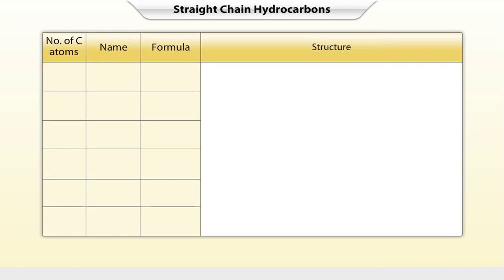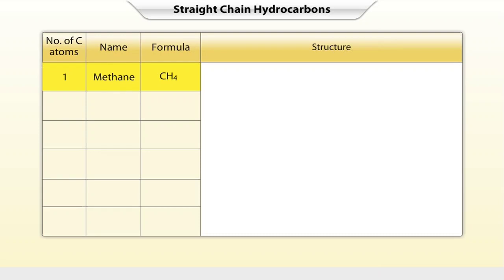Here, the carbon atoms are linked to each other in the form of straight chains. The members of the series are named according to the number of carbon atoms they contain. For example, the smallest of the alkanes is methane. Methane is a primary component of household natural gas.